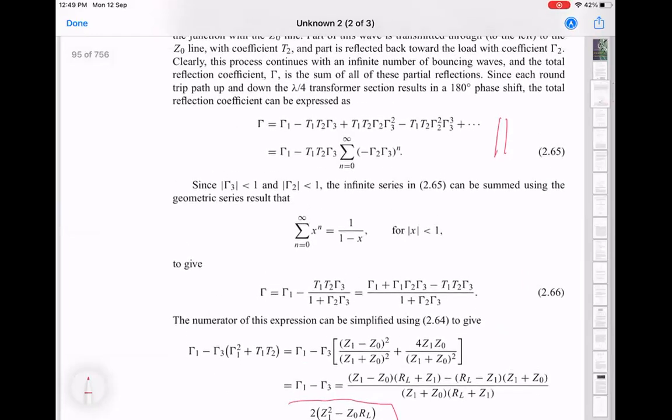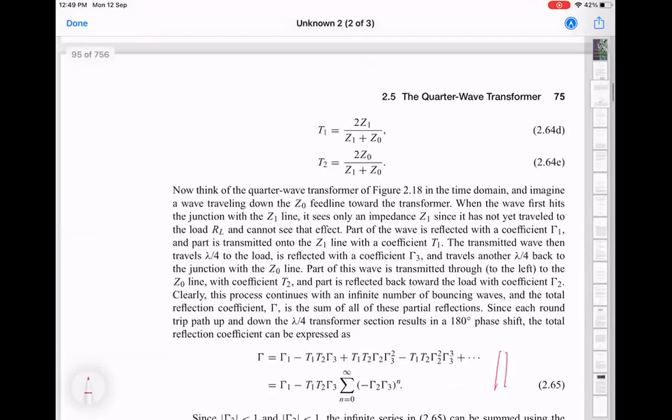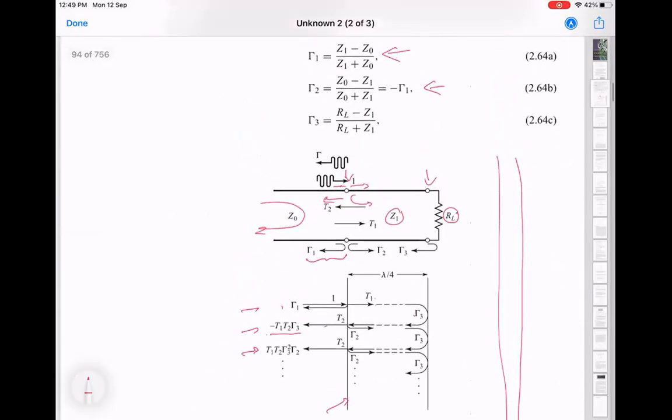So the total gamma, which is what we're interested in, is the sum of this infinite series. You can go through the math here. It's a simple one. You can solve it for this infinite series. Then you get this complicated expression. But then you can use all the definitions you just wrote down in 2.64.